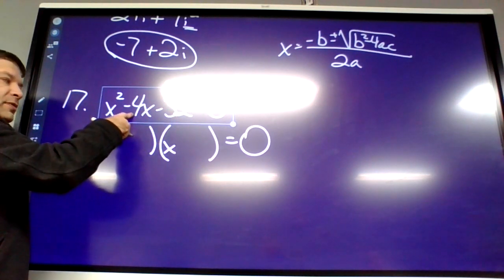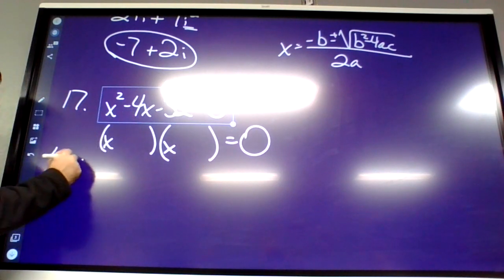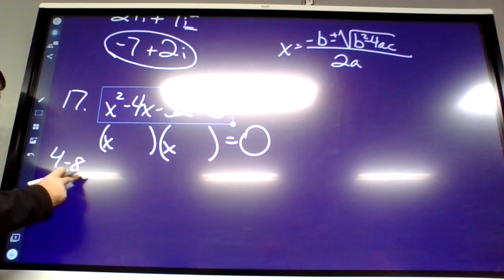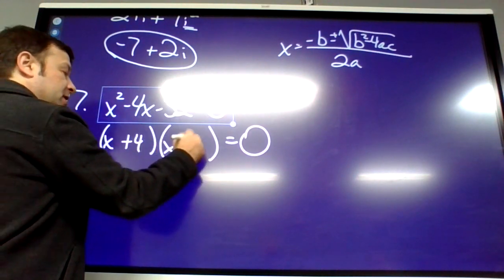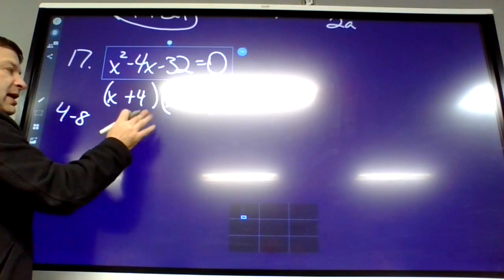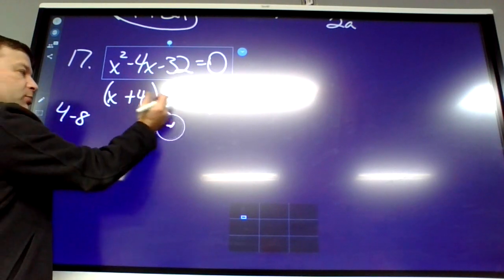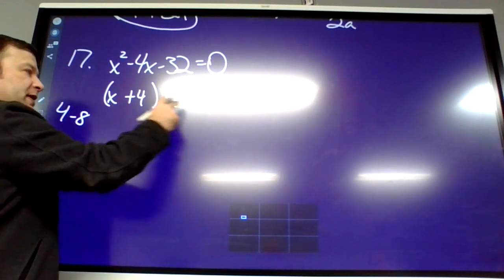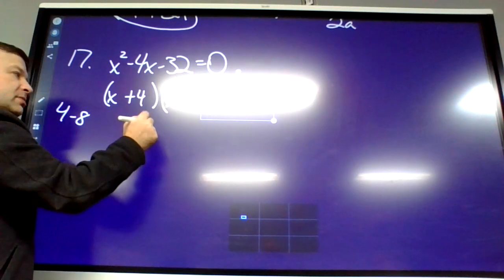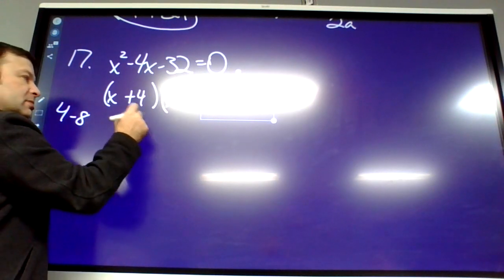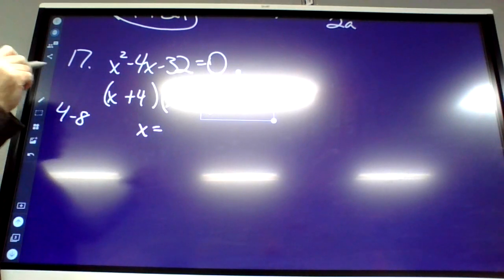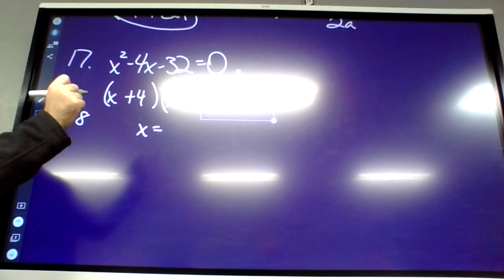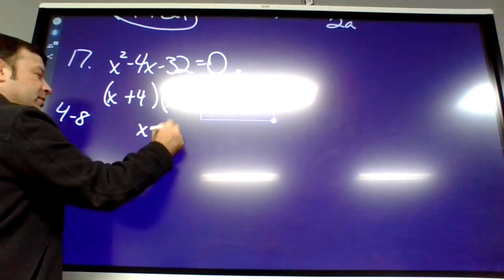And to add up to negative 4, the 8 would have to be negative. Okay, so positive 4 and negative 8. Now we actually do need to solve this. What x values would make these factors equal 0? Negative 4 or 8.